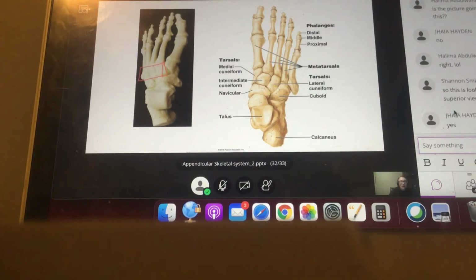Then you've got this here, the cuboid. Okay? Now, the cuboid is big. It has a little bit of space. The cuboid is a little bit with the navicular, see? And it's a little bit with the medial cuneiform. It's a big bone. You guys see that?